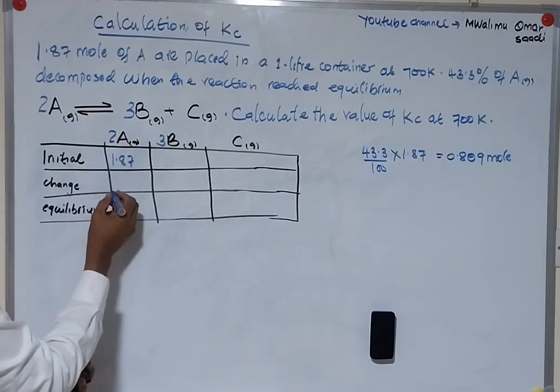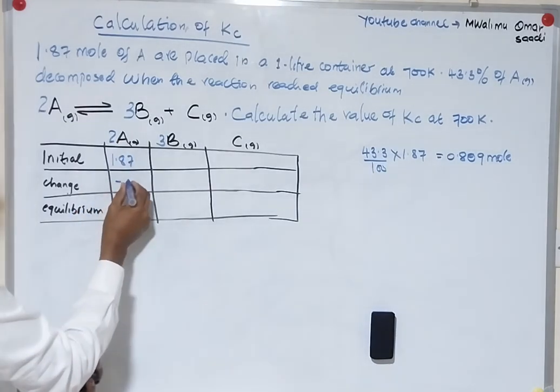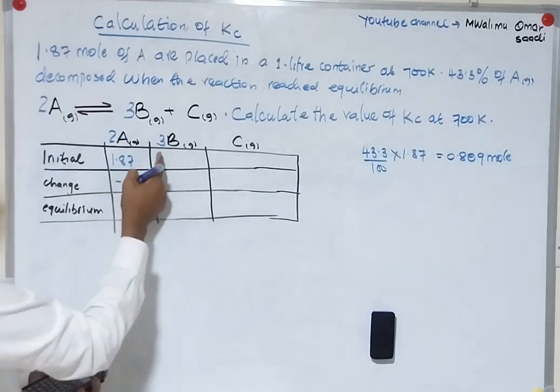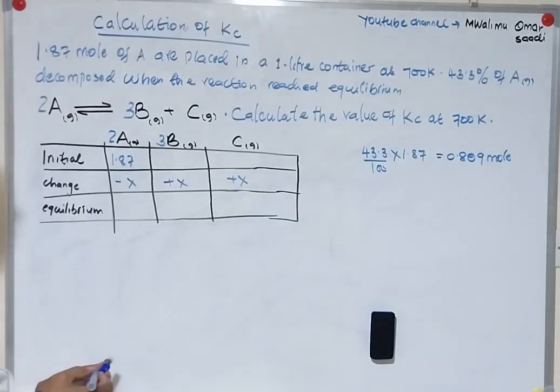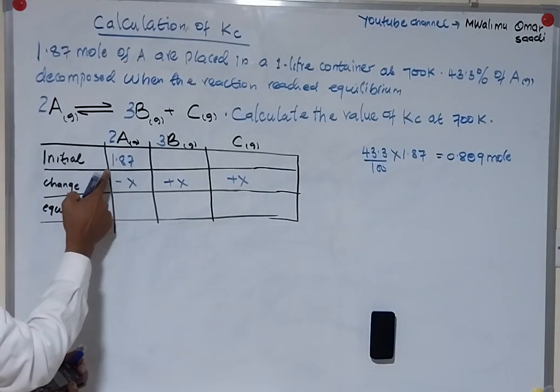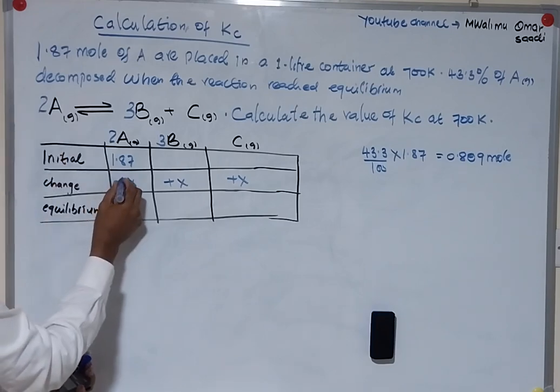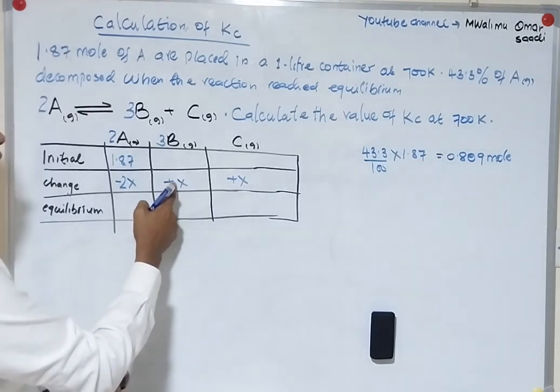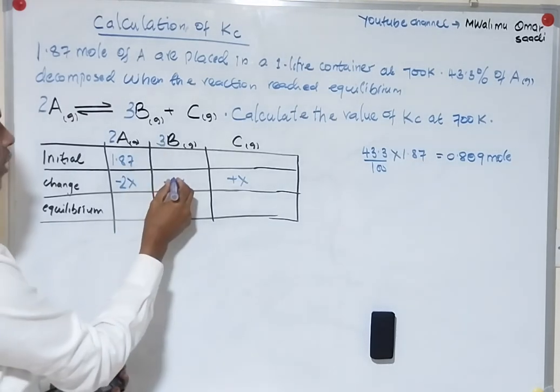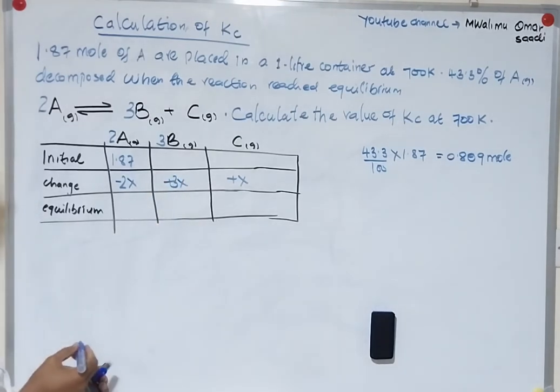A is a reactant, so we'll have negative X, and the products will have positive X. A has a coefficient of 2, so we'll have negative 2X. B has coefficient 3, so we'll have positive 3X.